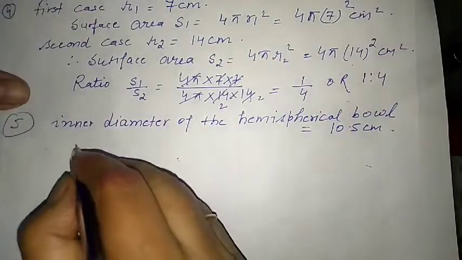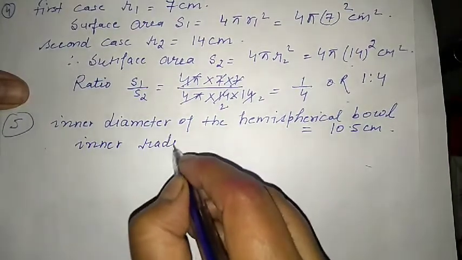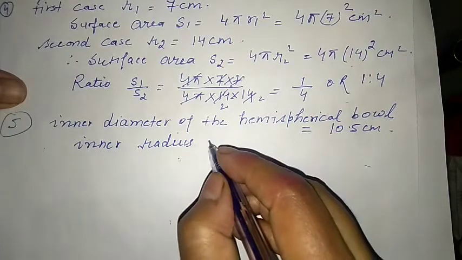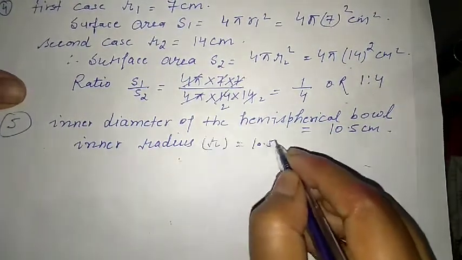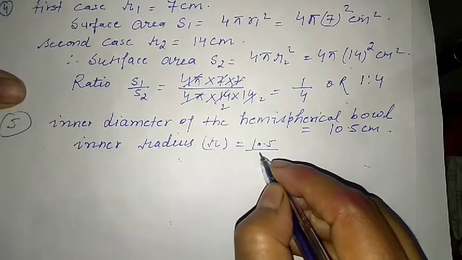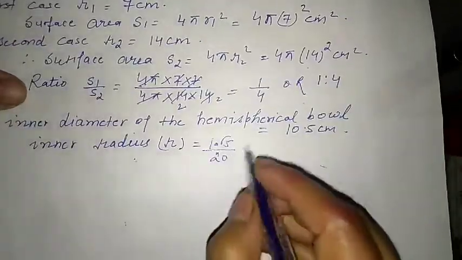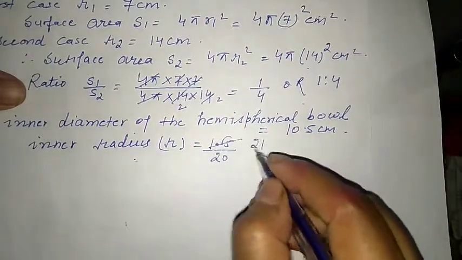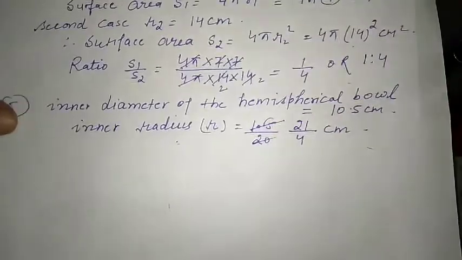So we will find here inner radius of the hemispherical ball. Suppose this is r. 10.5 upon 2, point can be removed out, and this can be cut by 5. 2 fives are 10, 21 upon 4 centimeter. So inner radius we got.